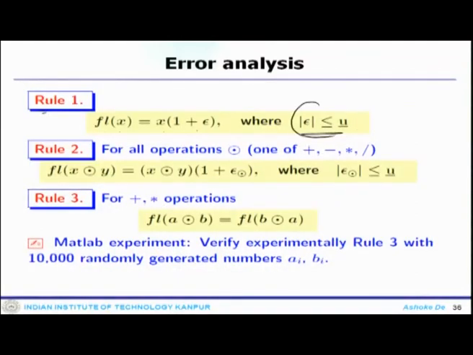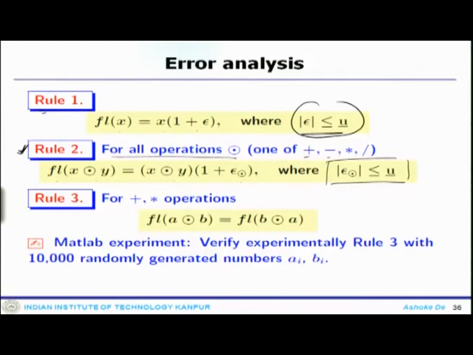So, the epsilon satisfies this. Rule number 2, for any arithmetic operation like addition, subtraction, multiplication, division, FL(x dot y) must be (x dot y)(1 plus epsilon dot), where epsilon dot is again less than or equal to u.